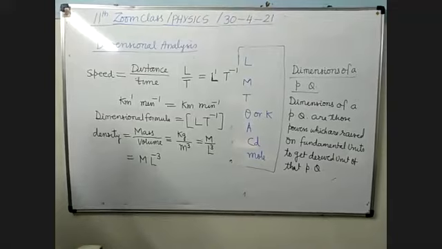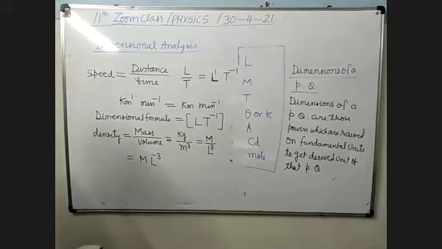What is the dimension of density? Its dimension is how many powers on the unit of mass? 1, positive 1. How many powers on the unit of length? Minus 3. How many powers on the unit of time? 0.